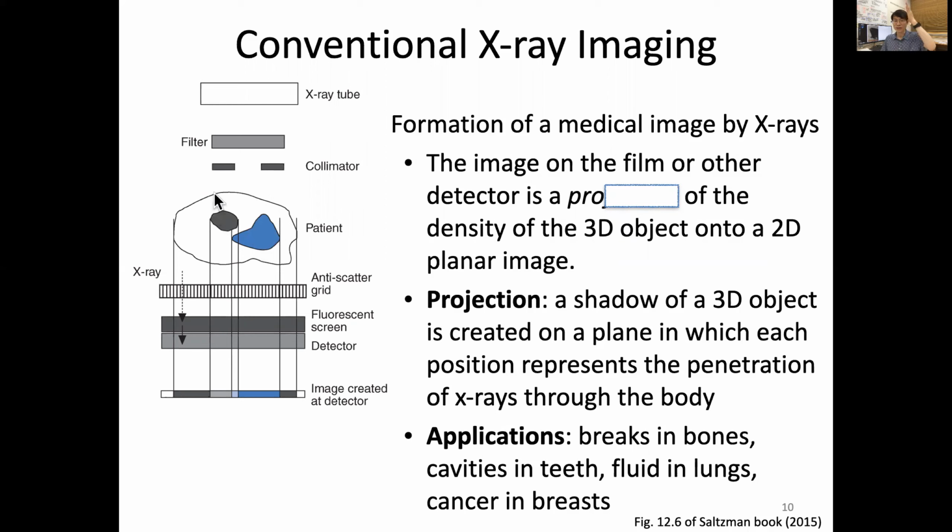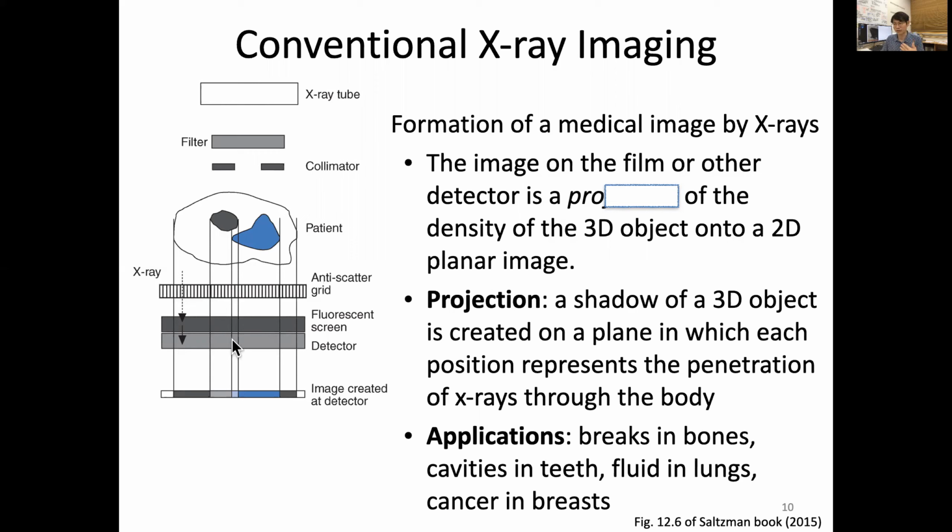And that X-ray is penetrating because it's a high energy photon, so we treat it as a ray, which means it won't bend, it just goes straight. And we have an anti-scatter grid, which blocks the scattered X-ray, so it passes through and hits a fluorescent screen, and that is a detector.